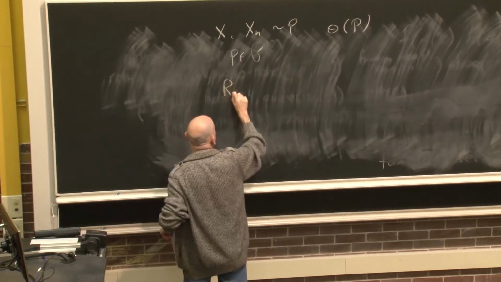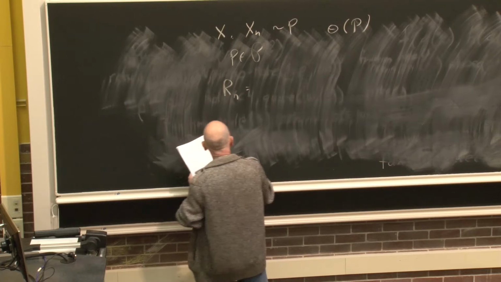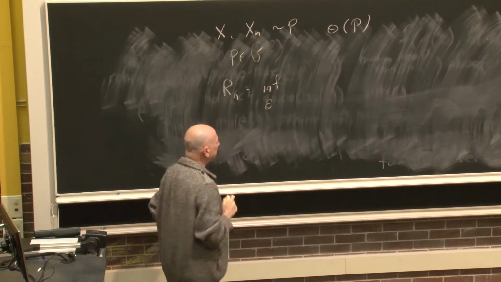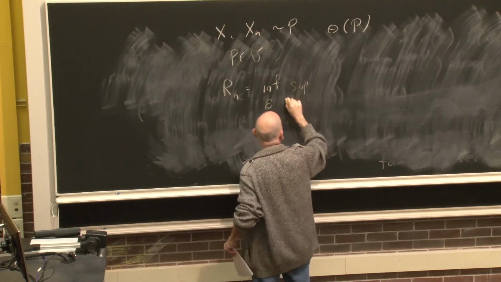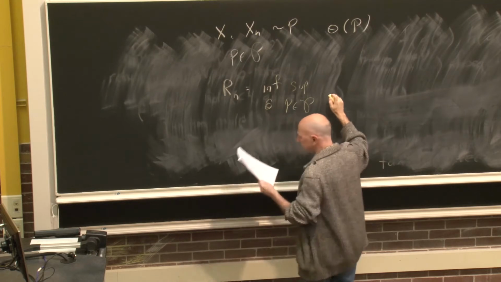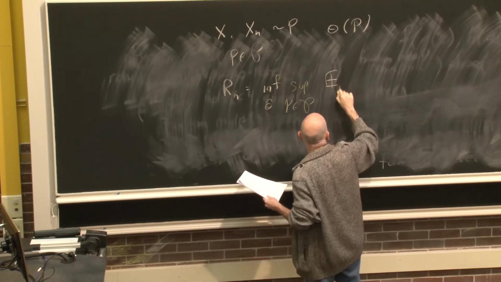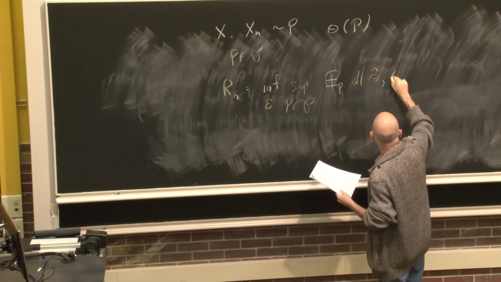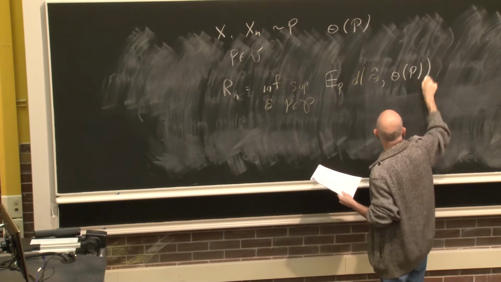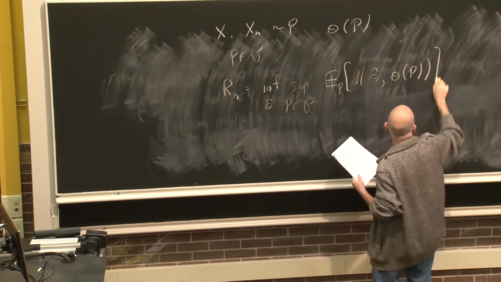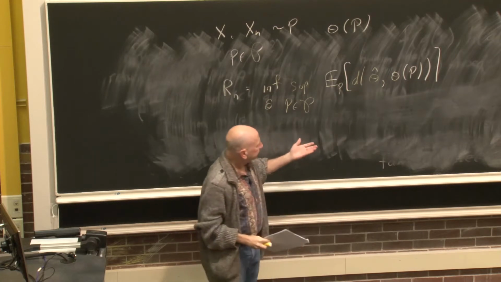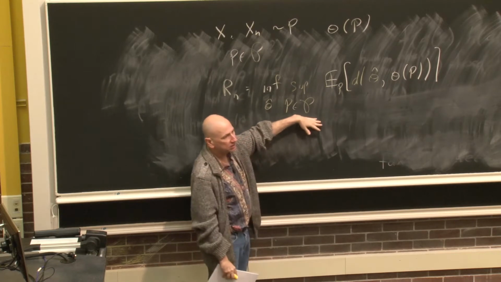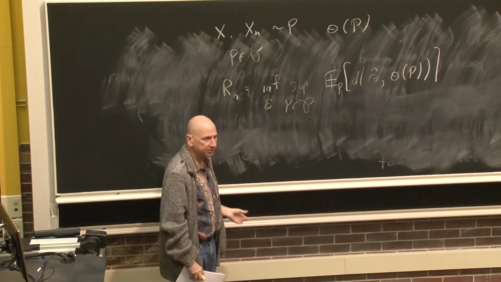And the quantity we're interested in is the minimax risk, which is the inf over every possible estimator, the sup over all distributions in P of the expected value of some, let's say, some distance or some loss between theta hat and theta of P. All right, so we're going to look at the distance between theta hat and the truth. We're going to look at the worst expected distance and try to minimize that over all estimators.